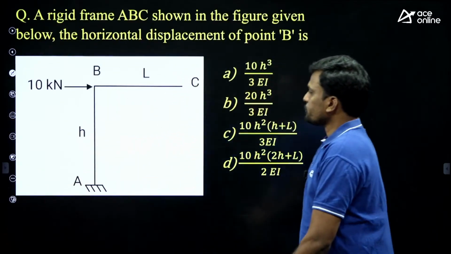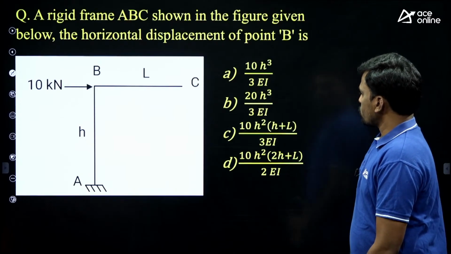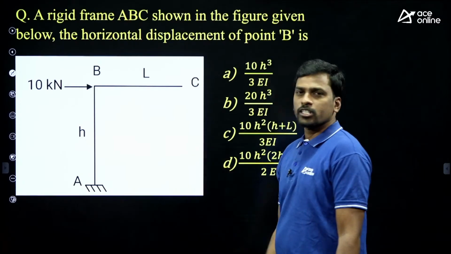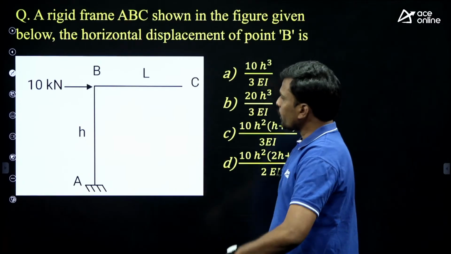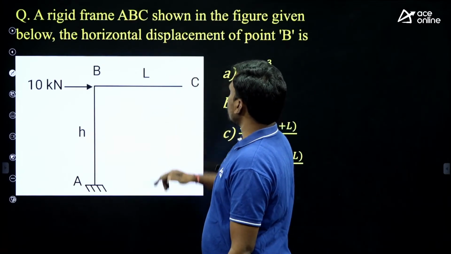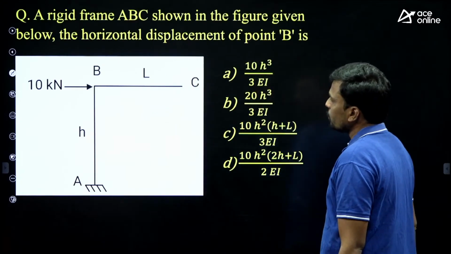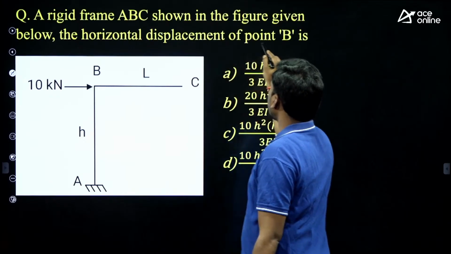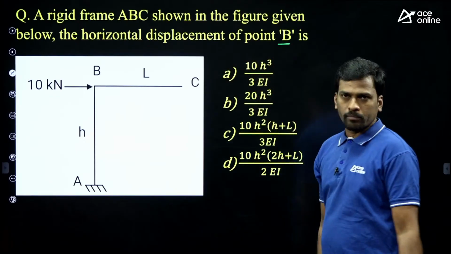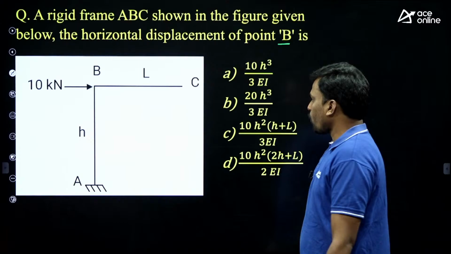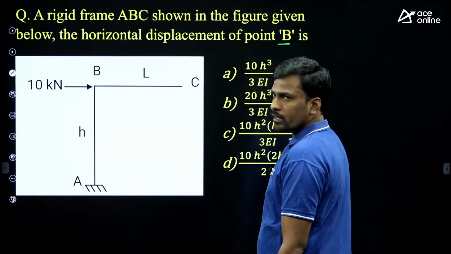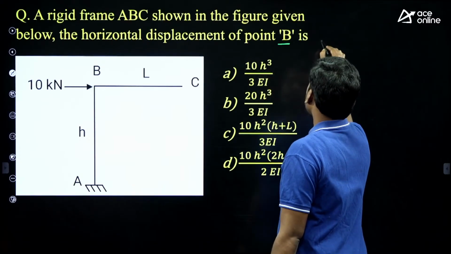Next question. This is a question from the energy principle chapter. A rigid jointed frame ABC is shown in the given figure, and he is asking to find the horizontal displacement of point B. What is the formula to find the horizontal displacement?